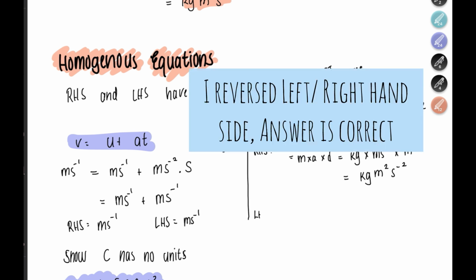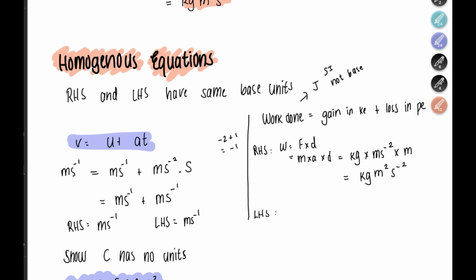What about the left hand side? This is going to be gain in KE plus loss in potential energy. What is the formula? It's half mv squared plus mgh. Let's write down the units. So half has no unit, of course.